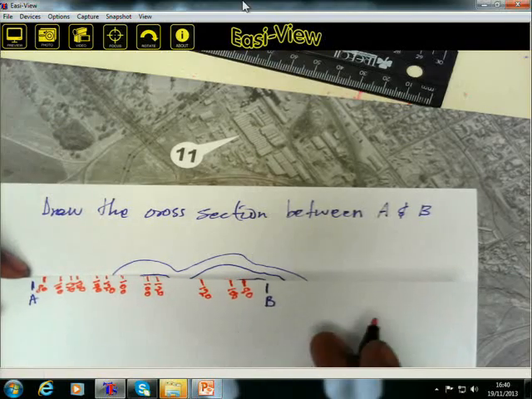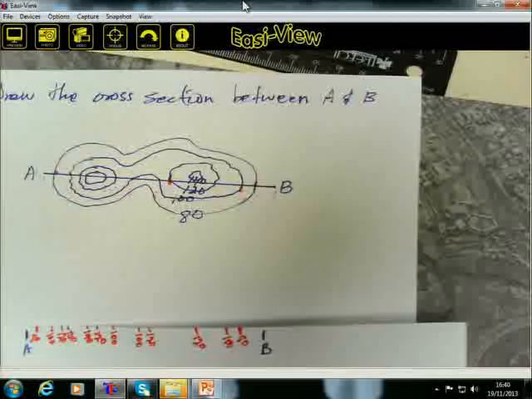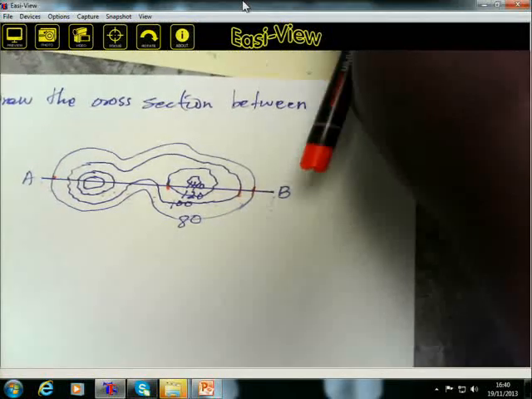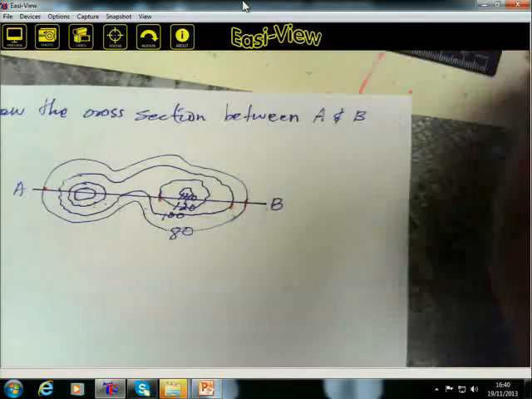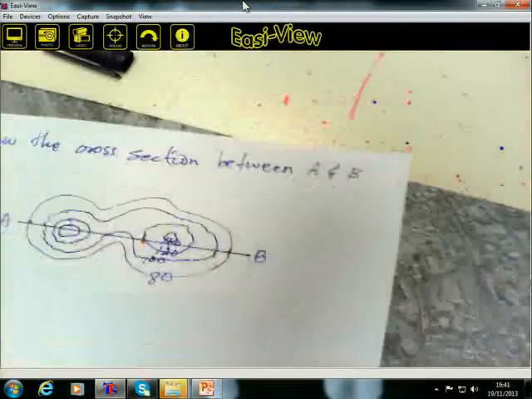Now you must transfer them onto your Y and X axis. I'm moving a little bit lower. Then I use my ruler to have my Y and X axis ready.